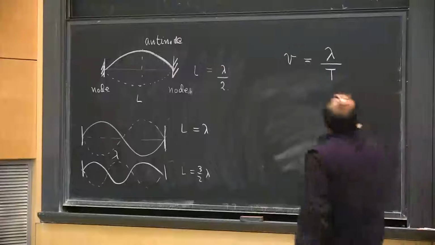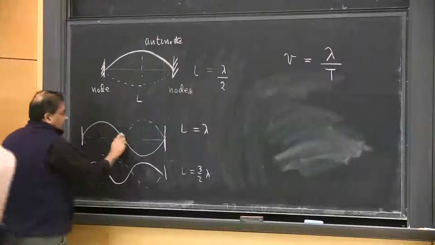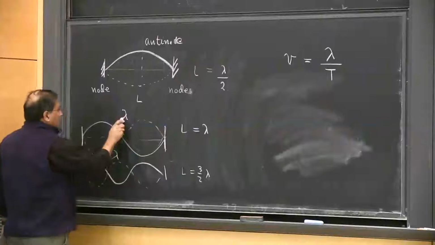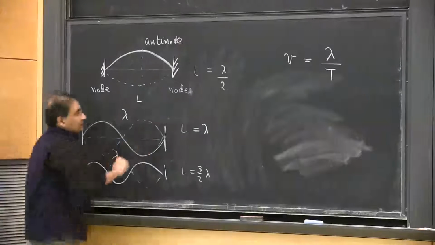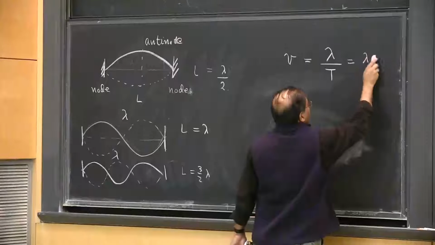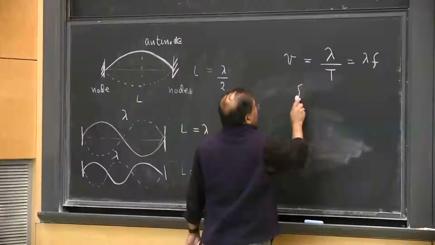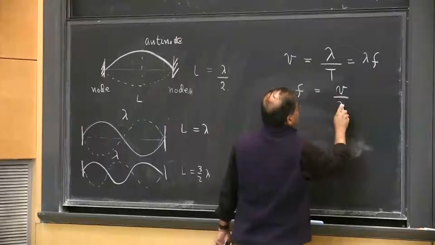So this is the entire wavelength, this is your lambda, and the amount of time taken for the wave to go through the entire thing would be the period T. And therefore this should be lambda times the frequency, and therefore frequency can be thought of as v over lambda.